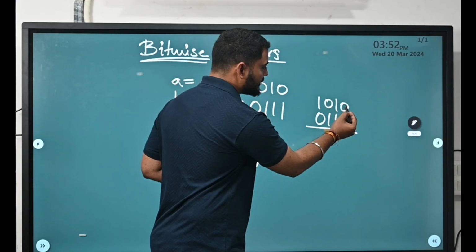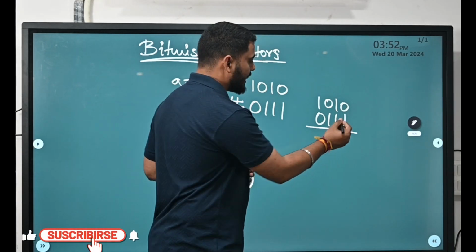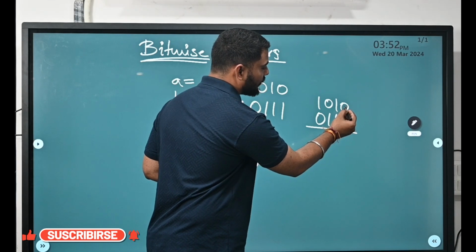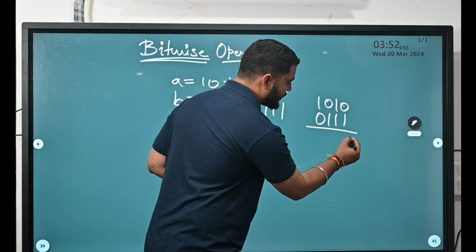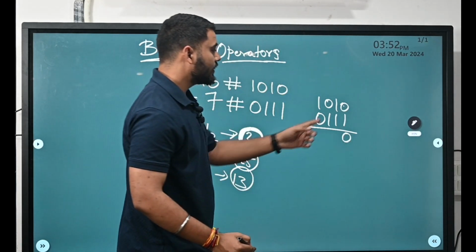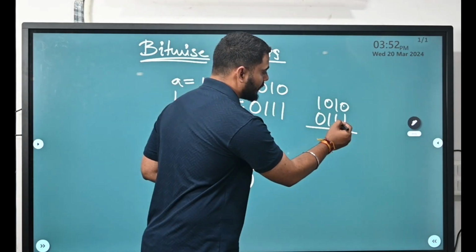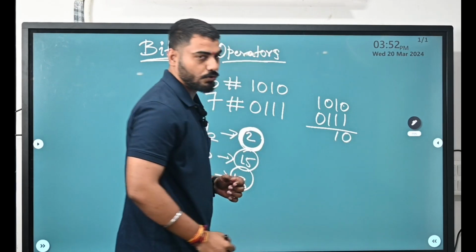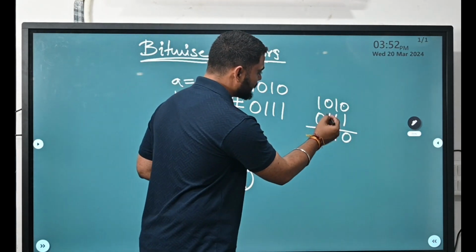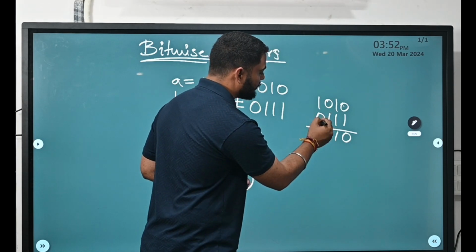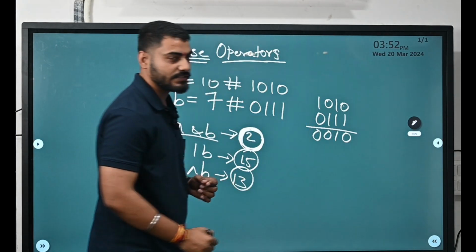In this case, 0 means false and 1 means true. So 0 and 1 means false and true, it will return false only. Likewise, for 1 and 1, if both conditions are true, then it will return true. For 0 and 1, it will return 0. For 1 and 0, again it will return 0.